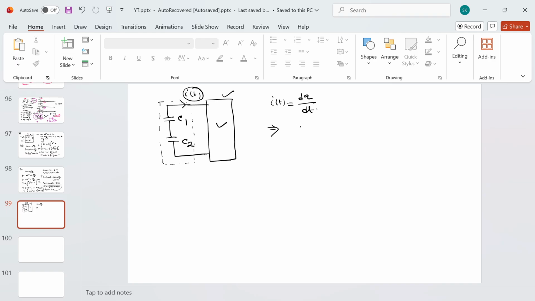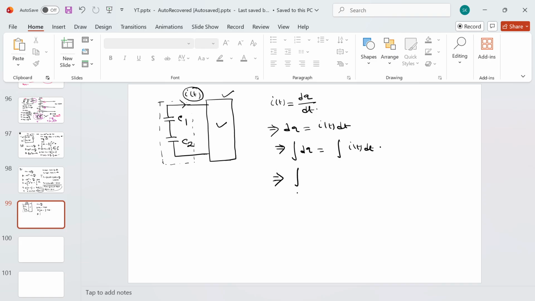For that we need to take help of integration, right? So dq equals I of t dt, and you want to do the integration, so I of t dt, and what was the initial charge there?